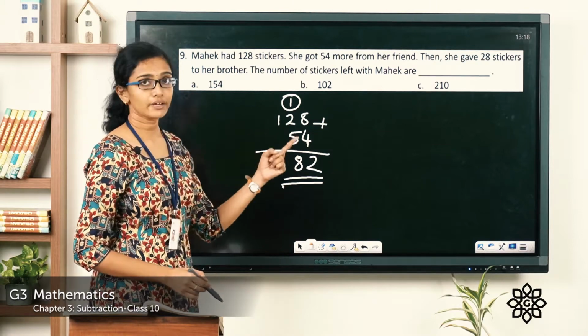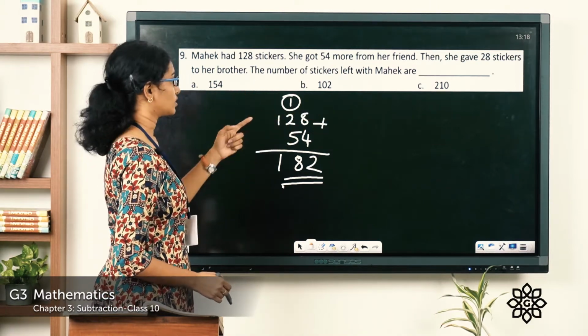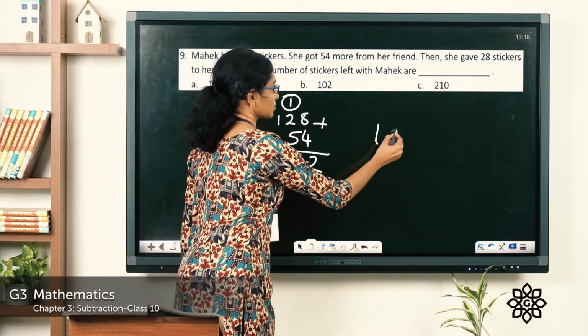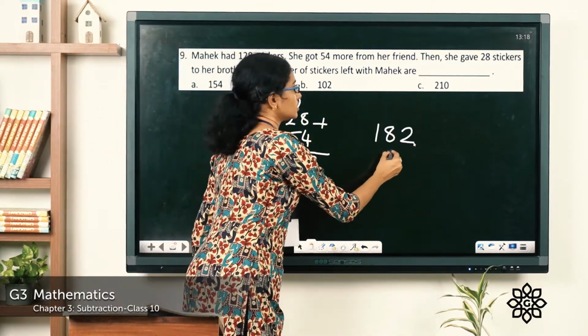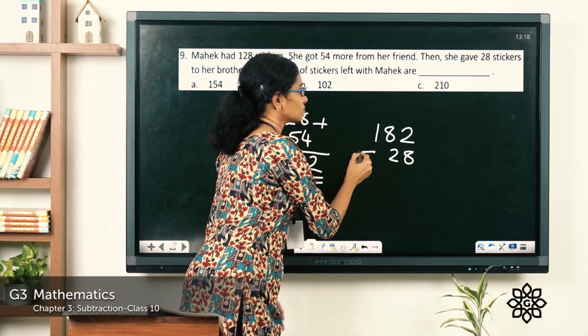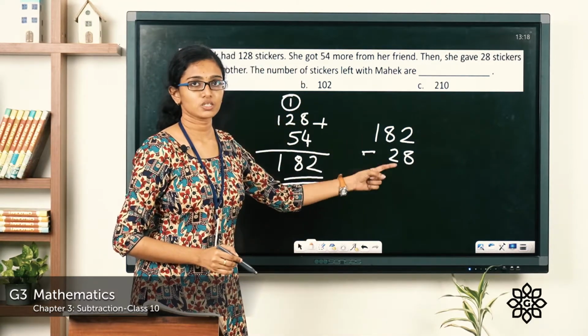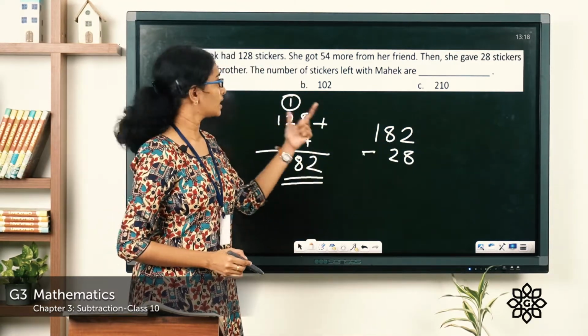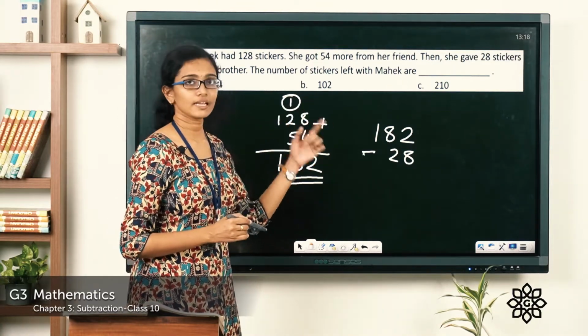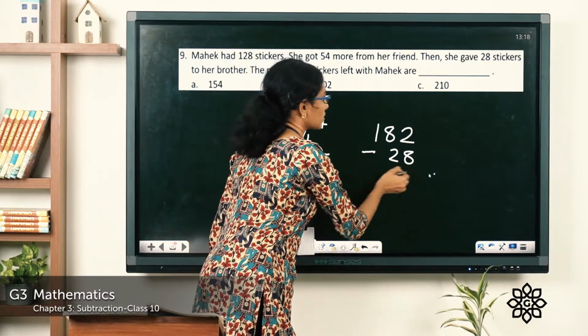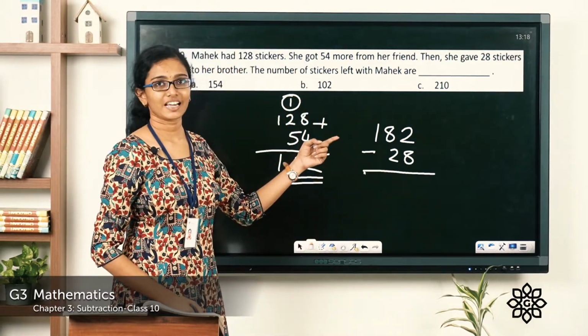Then she gave 28 stickers to her brother. So from this 182 stickers, she gave how many? 28 stickers to her brother. So she has to take away that 28 from her collection, and that will give us the number of stickers that she is left with, right? So let's take away or subtract 28 from 182.